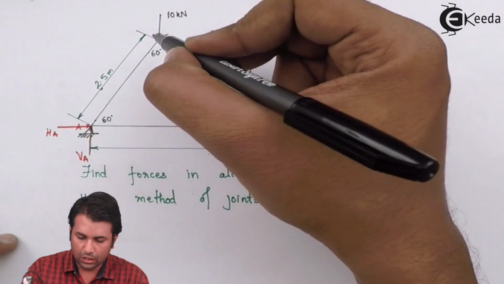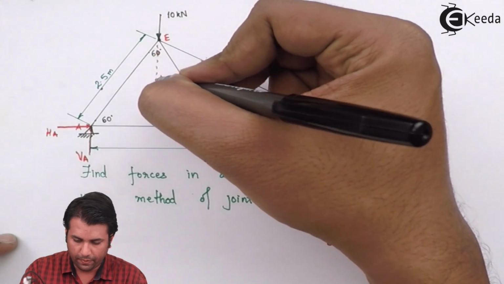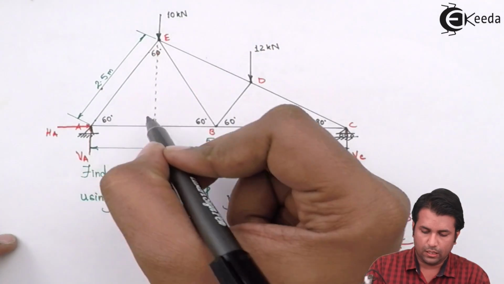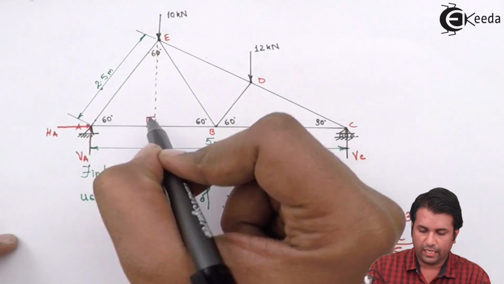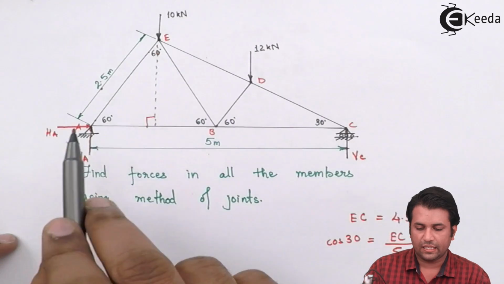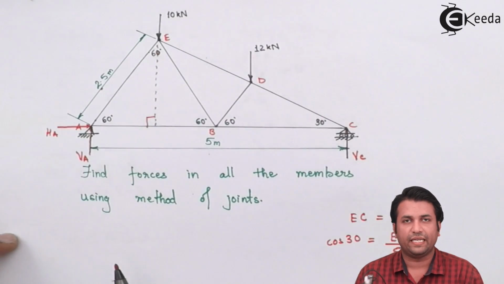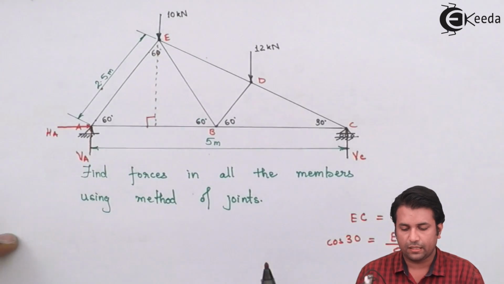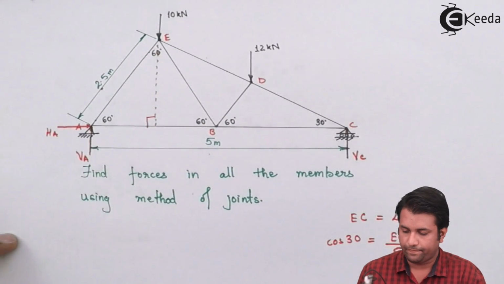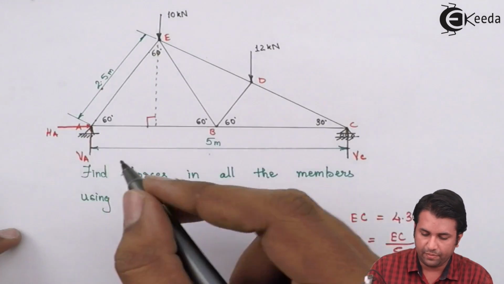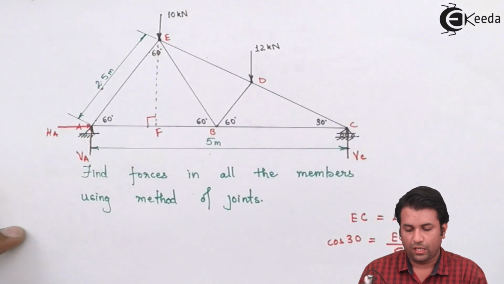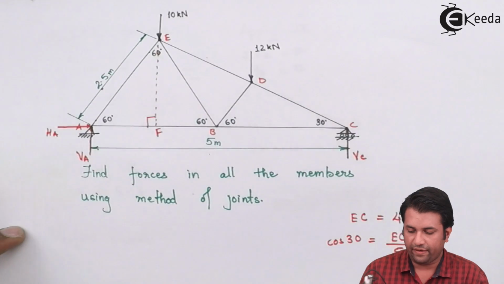So, if I draw a perpendicular from this point, I can find out this distance. This angle happens to be 60 degrees. So, using this, I can find out the distance at this point from here to here. So again, I'll name this point as, say, F. Now, I need to find out the distance AF.